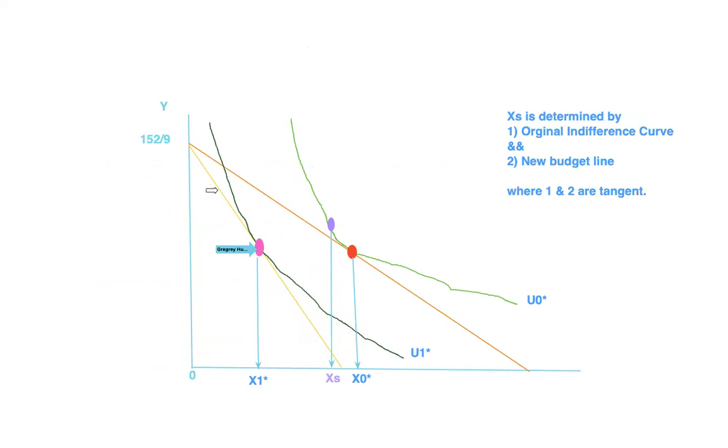The new prices determine the slope of the yellow budget line, and the old prices determine the slope of the orange budget line. So this is a point of tangency for the original level of utility, but we're using the marginal rate of substitution and the new prices. I can put all that together and end up with the following.